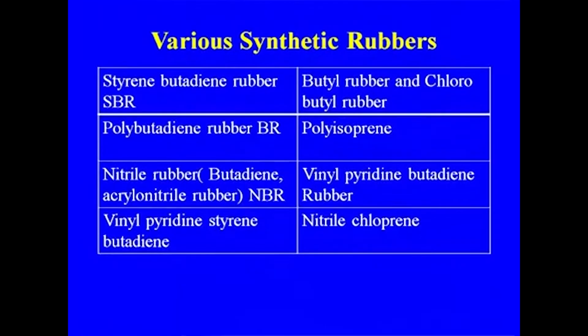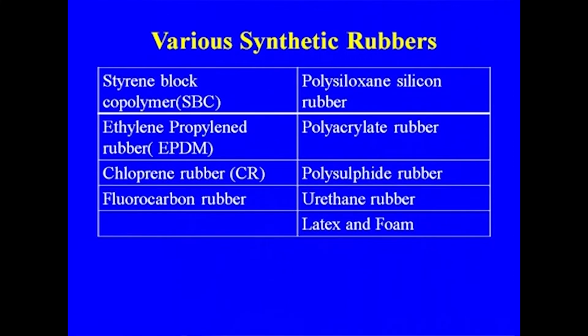Otherwise the natural source is of course there. Vinyl pyridine butadiene rubber, nitrile chloroprene, various combinations of monomers are there. Then the styrene block polymer SBC, that is also one of the very important outlets for styrene. Ethylene propylene rubber EPDM, chloroprene rubber, fluorocarbon rubber and silicone rubber, that is also a very important class, and polyacrylate rubber, polysulfide rubber, urethane rubber, latex and foam.